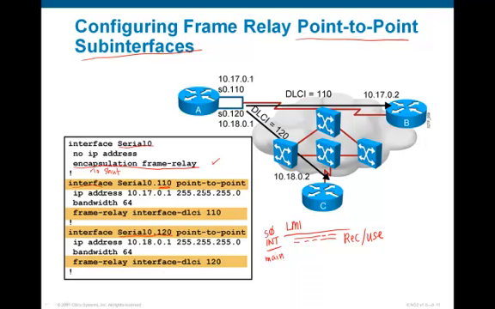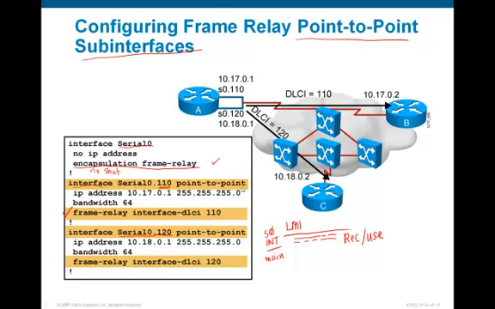Now, if you want to create sub-interfaces, you have to manually move the circuits to the appropriate sub-interfaces. So in this example, besides creating the two point-to-point sub-interfaces, we also have to configure manually which PVC circuit is reporting to which sub-interface. We do this by using the command frame-relay interface-dlci, with the respective circuit.